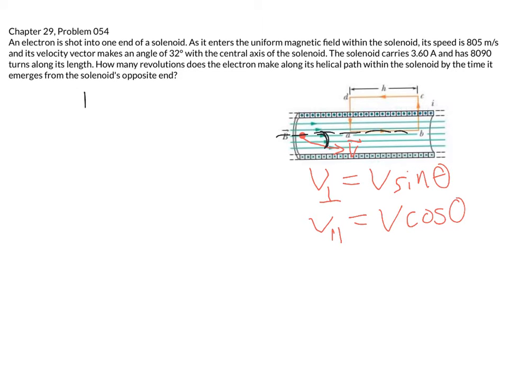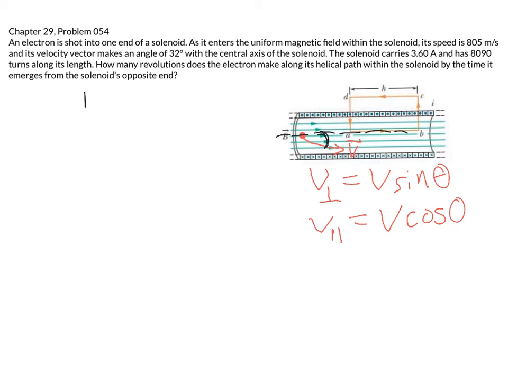So what does that mean? Well, it means that the electron, as it's moving down, is going to have a helical path. The parallel component of the velocity is going to keep it moving in a horizontal direction down the solenoid, and the perpendicular component, as it enters the B field, since the velocity is perpendicular to the B field, will experience a force that will cause it to go through rotation.